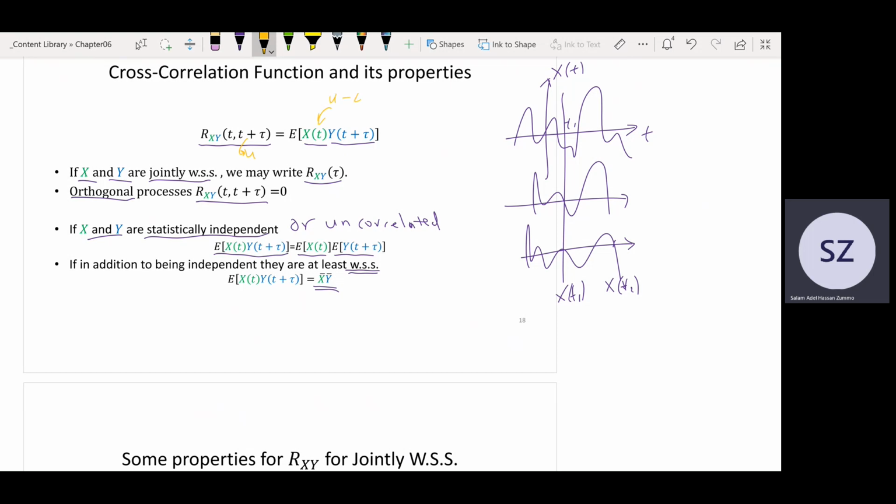U minus tau, right? So this will be equal to the expected value of x of U minus tau multiplied by y of U, right? So if I write Rxy instead of Ryx, I will get a negative sign. Instead of tau, it will be minus tau. And because of that, we have this.